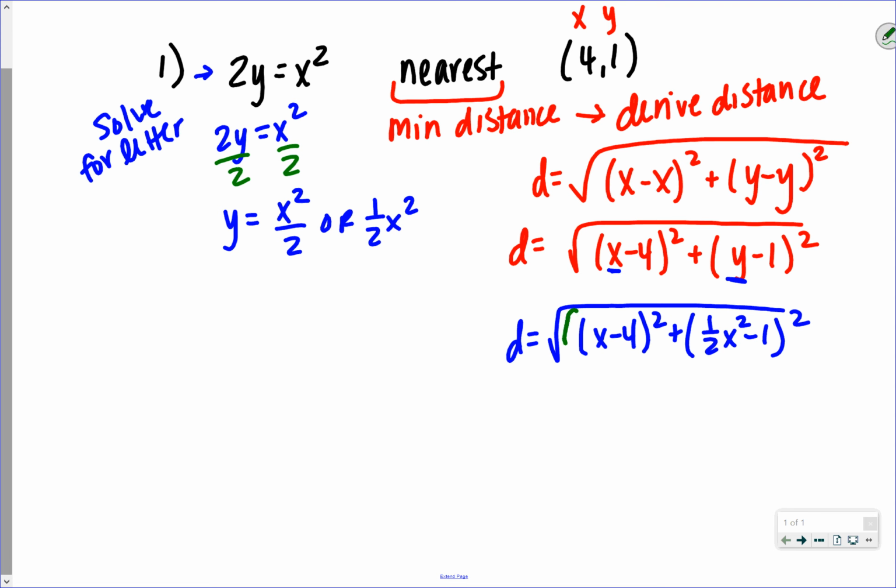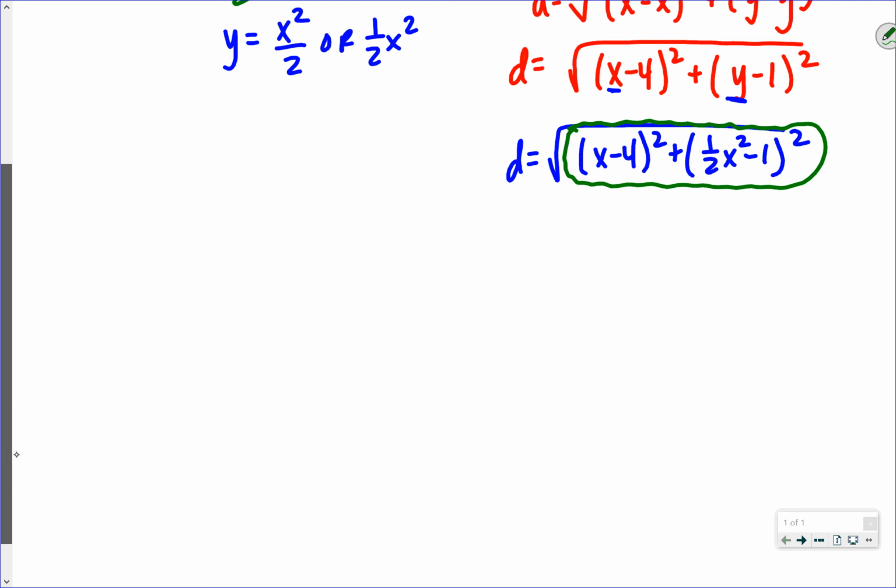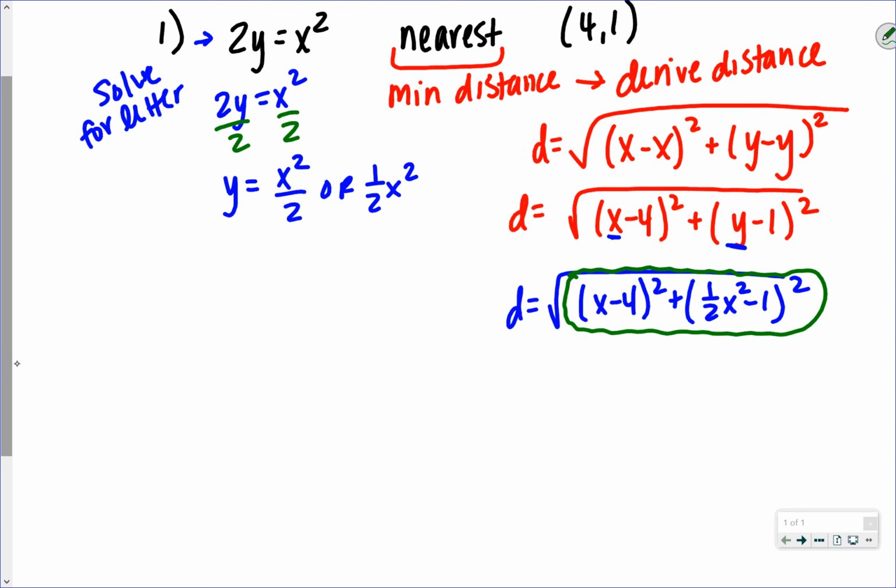As long as everything under the radical is minimized, my radical is minimized, because the square root is just a basic function. As long as the number underneath is as small as possible, everything is as small as possible. So I'm going to derive (x minus 4) squared plus (1/2 x squared minus 1) squared.